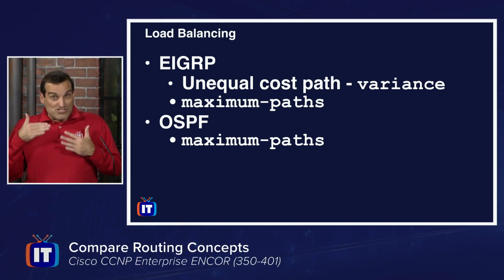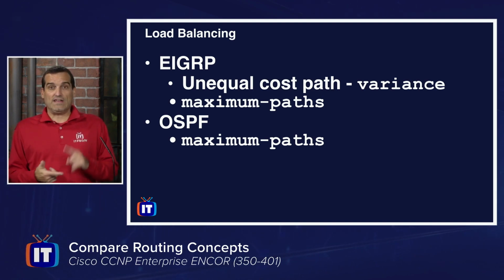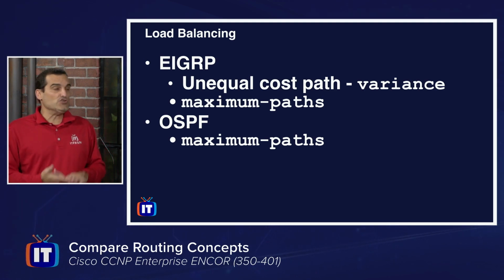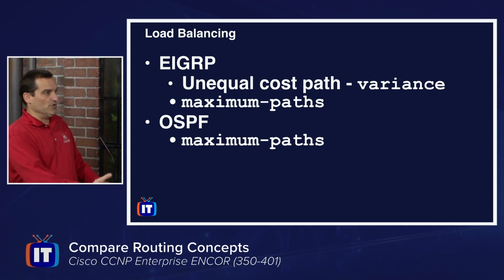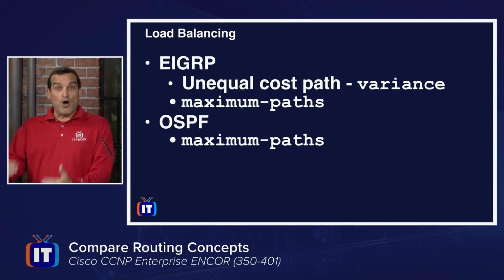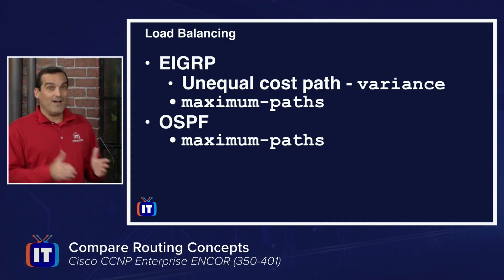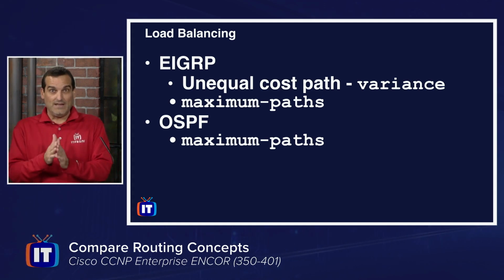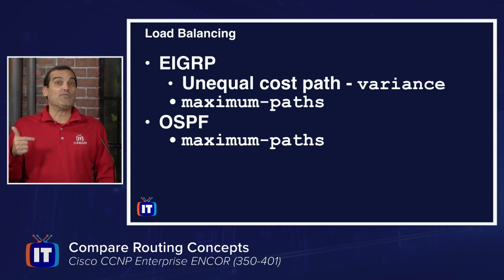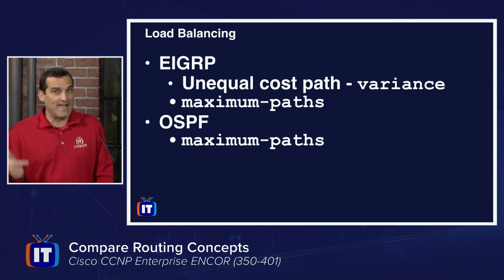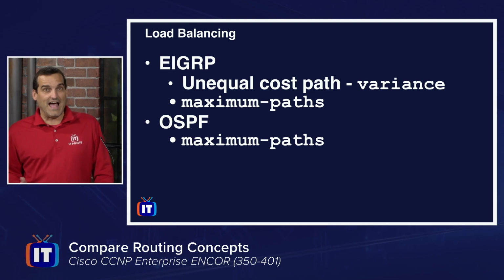Both of our stars of the show, EIGRP and OSPF, can do equal cost load balancing. And for both of them, you can control the number of links that will be load balanced across with the maximum-paths syntax at the CLI.